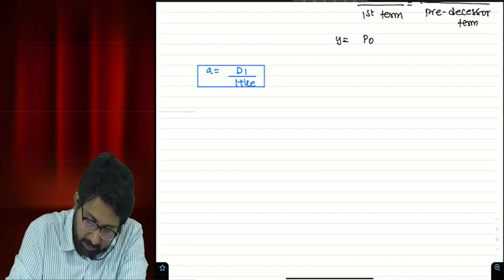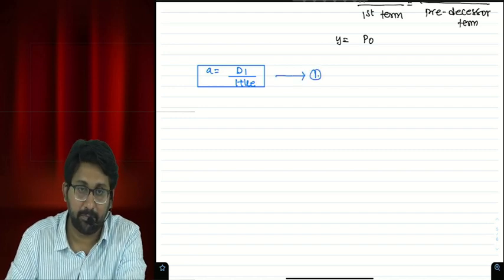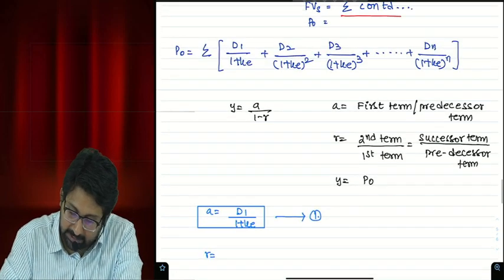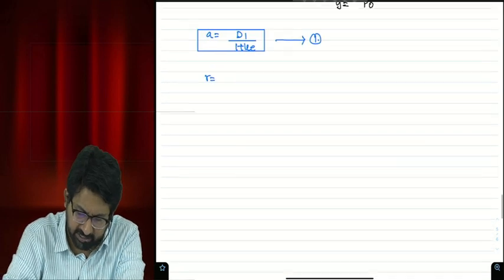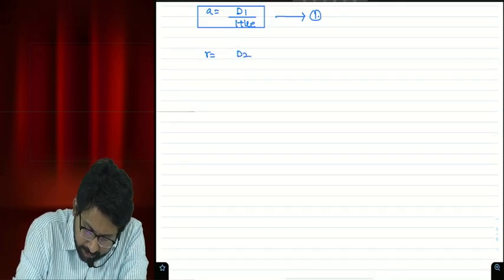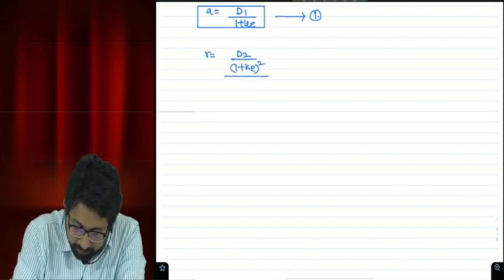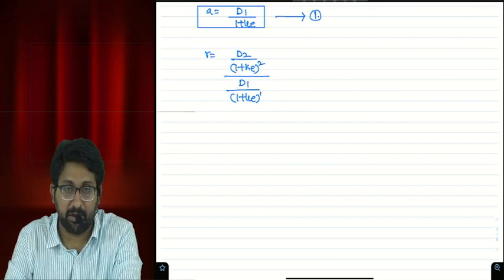This is number 1. Next one. R equal to second term by first term, or third term by second term. I will take second by first, easy for understanding. D2 by 1 plus KE whole square divided by D1 by 1 plus KE whole power 1.